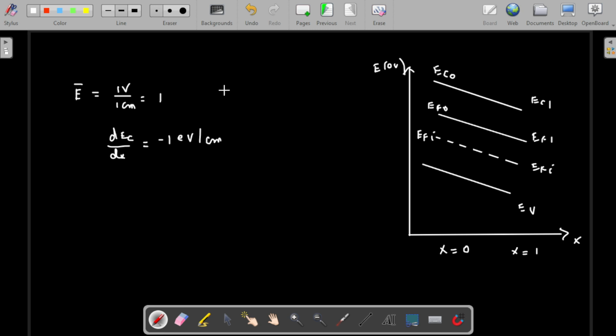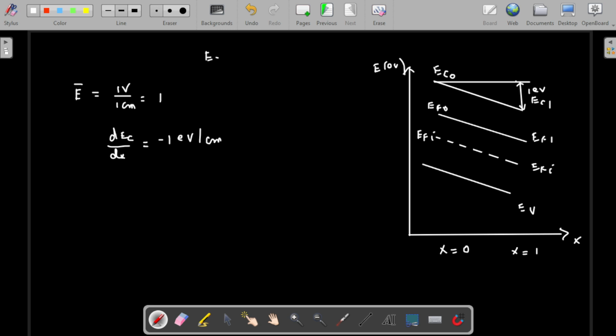We can find this because it is minus 1 by q dEC by dx. So I am stating this from the equation. This variation, the difference between this level and this level, will be equal to 1 eV, because this is the slope of the difference here. So that is 1.